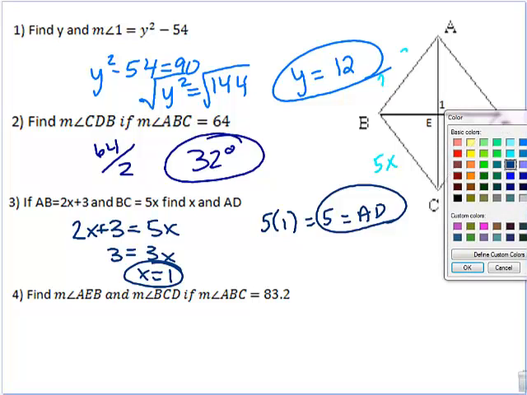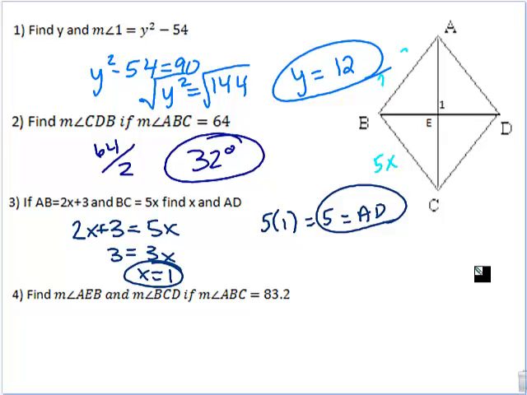Number 4, find the measure of angle AEB and the measure of angle BCD if the measure of angle ABC is 83.2. So ABC is 83.2 degrees. We want to find AEB and BCD.